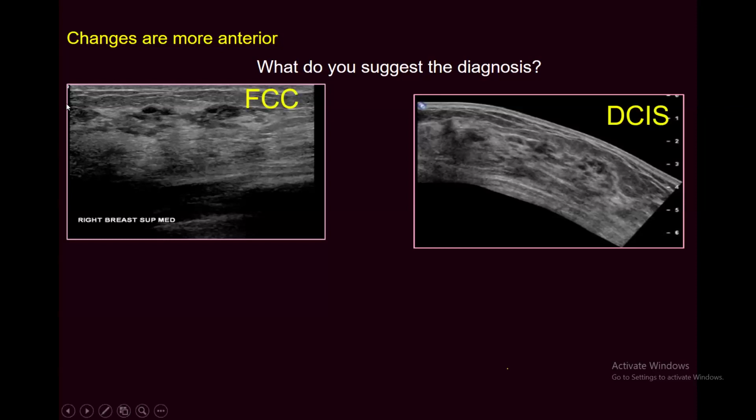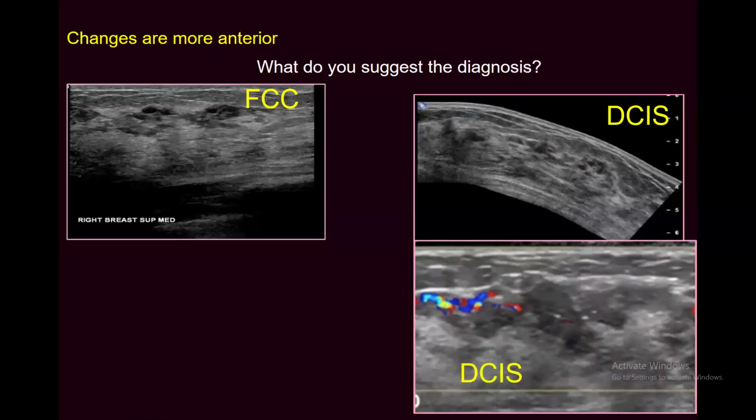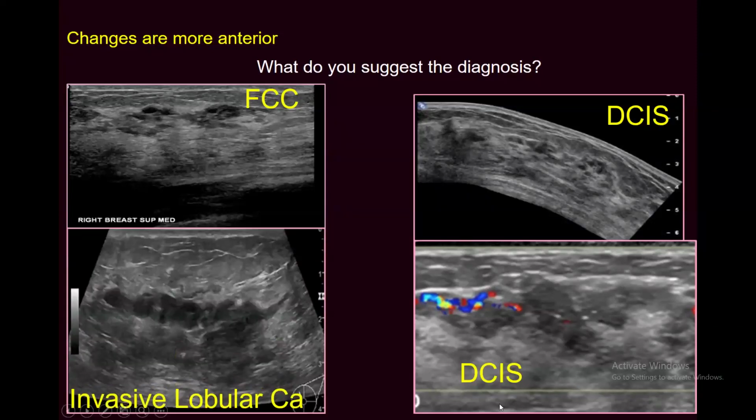Okay, this was fibrocystic, while this one was a DCIS. Another DCIS here, also anterior. Can you see here the anterior mammary fascia, subcutaneous? You have seen it anterior, and the remaining posterior, this thick parenchyma posterior to that.